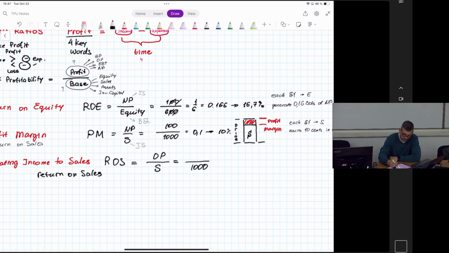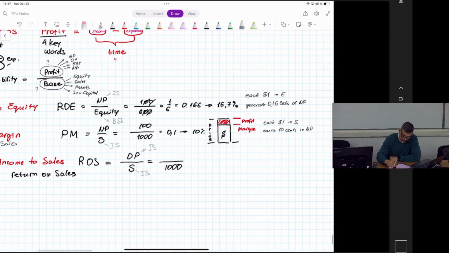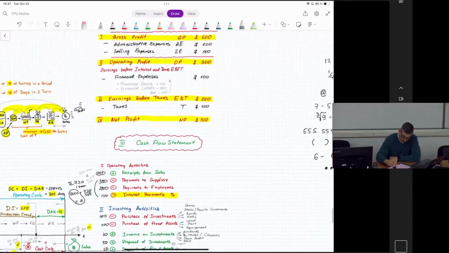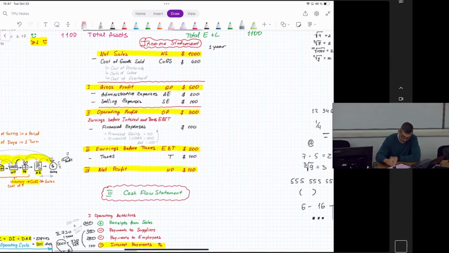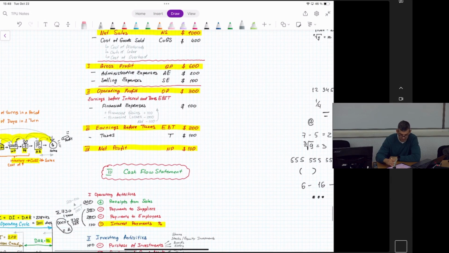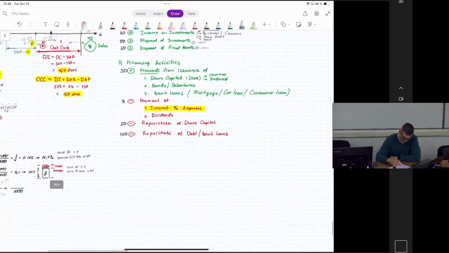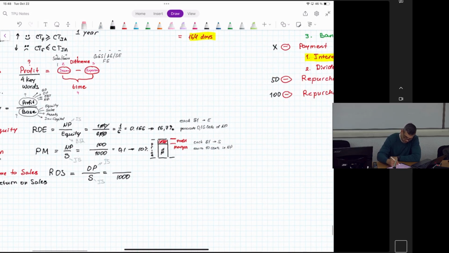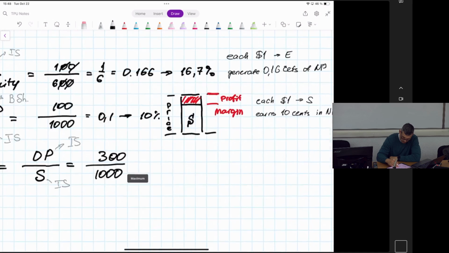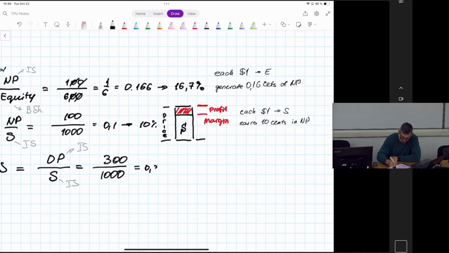Where do we look up the operating profit? Income statement. And here is the income statement. So let's look. Operating profit is, yes, Evelina, you're right, it's 300. So we put here the 300. And that gives us 0.3, right? 3 by 10, 0.3, or 30%.